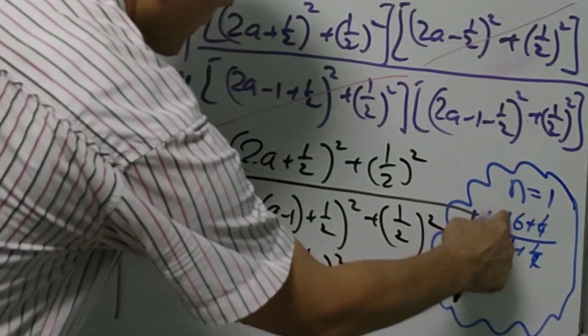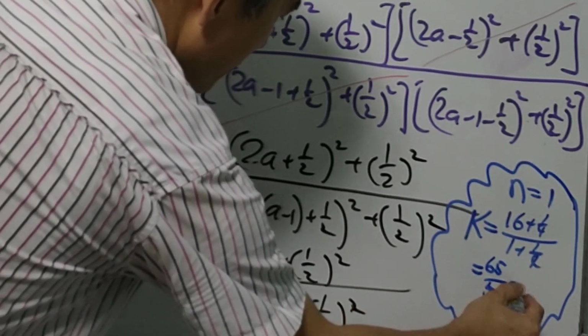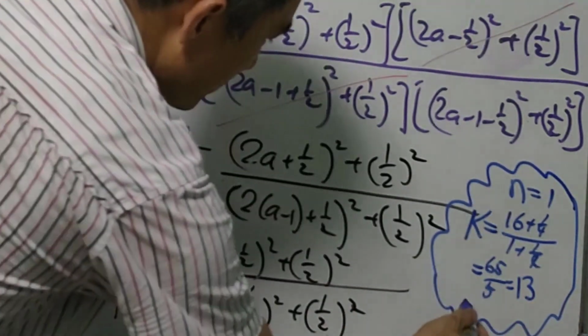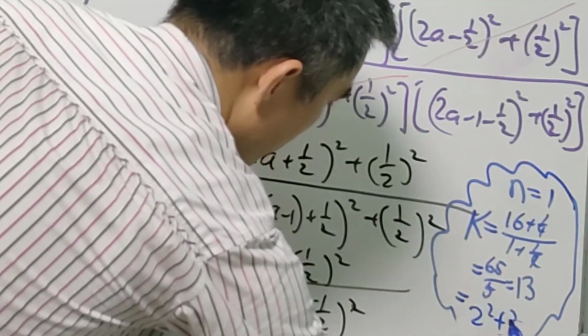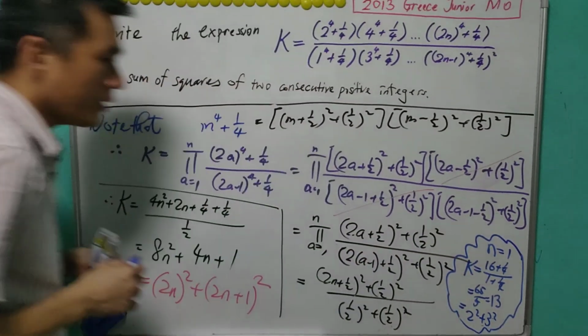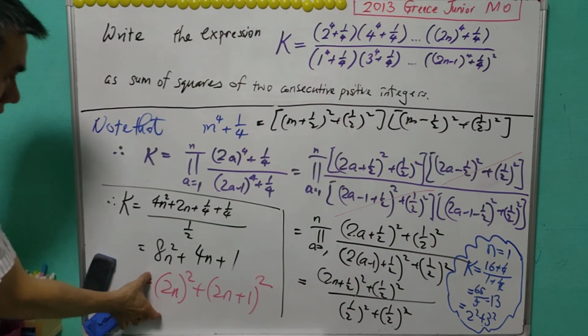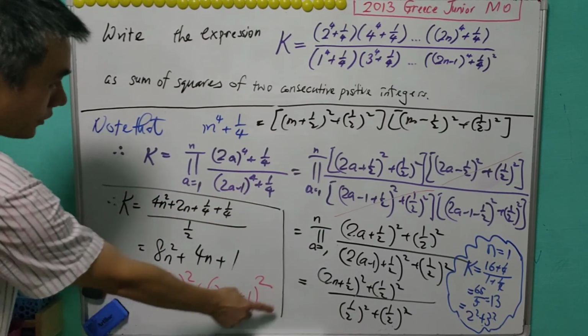That will be 65 over 5, which is equal to 13. And 13 can be written as 2 squared plus 3 squared. This is just to confirm that whatever we have here is correct, because when n equals 1, this is 2 squared plus 3 squared.